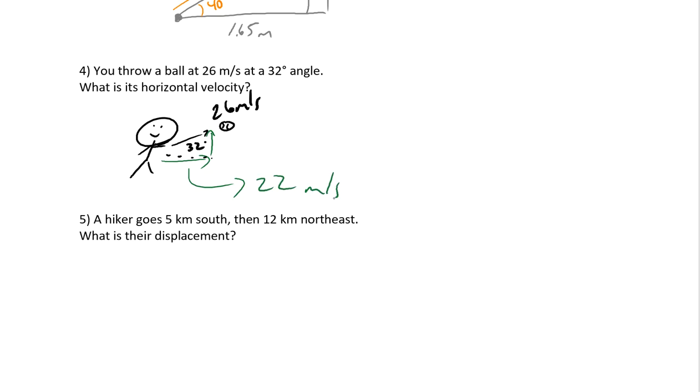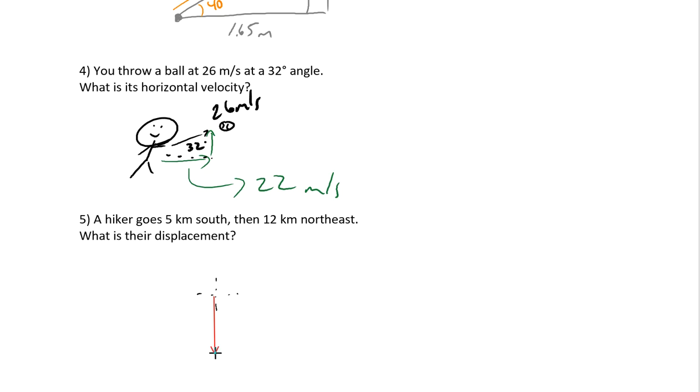Okay, last we got a hiker who goes 5 kilometers south and then 12 kilometers northeast. What is their displacement? Well, I'll draw a little reference to start with. 5 kilometers south, so our little hiker guy goes 5 kilometers south, so that's straight down, and then the hiker goes 12 kilometers northeast.